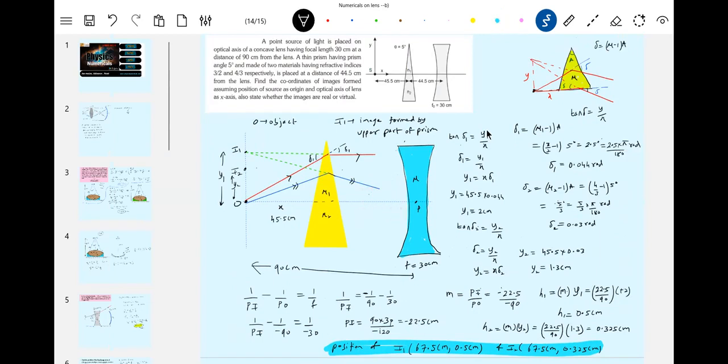This length was how much? 44.5 centimeter. This is the optic axis, sir. The images will be somewhere here, at 67.5. This will be I1. This will be I2.